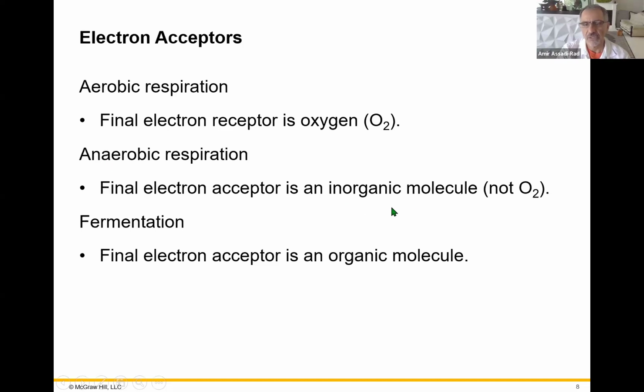The final acceptor is an inorganic molecule, which you will see, not O2. In fermentation, the final electron acceptor is an organic molecule. You saw fermentation with yeast. We didn't look at yeast, but if you're making bread at home with yeast, this is fermentation. You're making beer at home, you're making wine at home, all of that is fermentation.